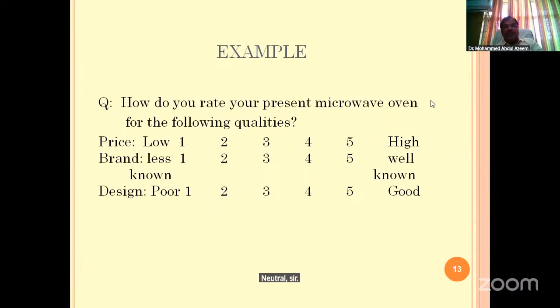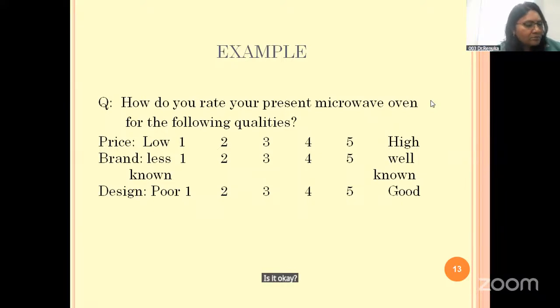That means the center point has equal distance between 2 and 4, is it not? If I say 1 is very low, 2 is low, 3 is neither low nor high, 4 is high, 5 is very high, that means from the center, 2 is at an equivalent difference to 4, and 1 is equally different from 5. Is it not? Is it okay? Yes, sir.